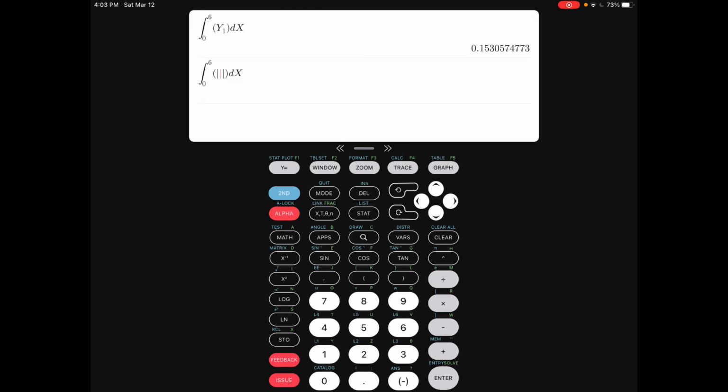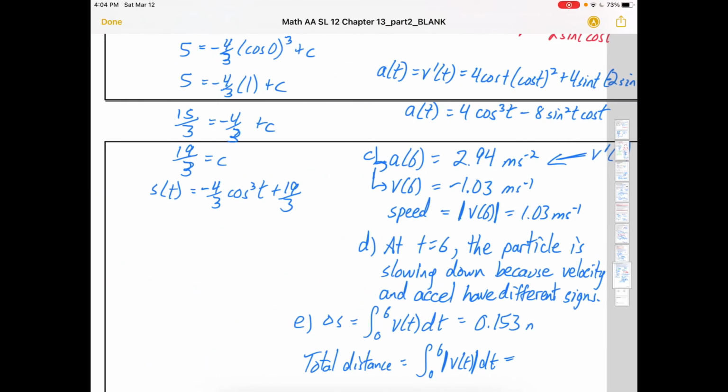I press alpha, trace for y1, and I get 5.18. So net displacement is 0.153 meters, and distance traveled is 5.18 meters. And you can infer from that that it changed directions at least once in there. Since it's a trig function, it probably changed directions a few times.